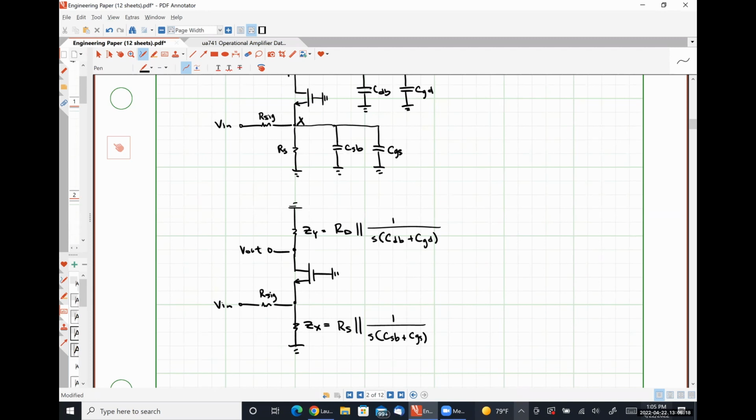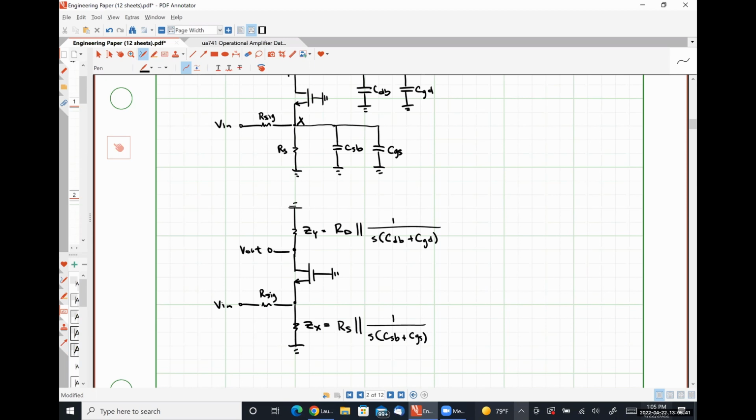We can analyze this effectively in the exact same way as we did our low frequency analysis, because it's the same circuit, where we've just lumped everything into impedances, right?